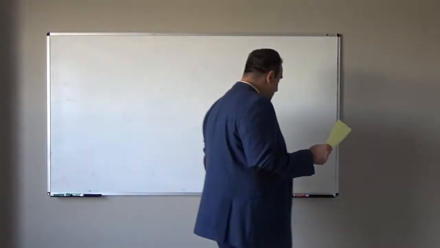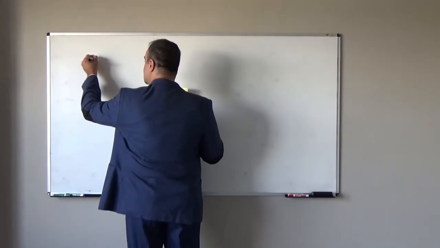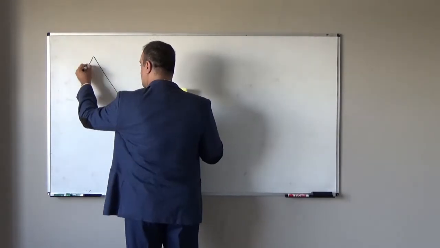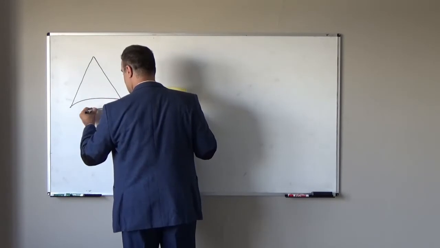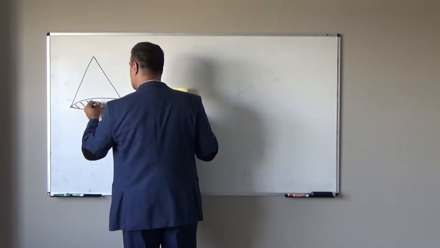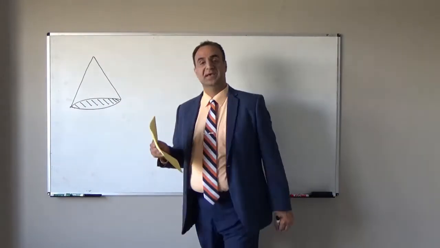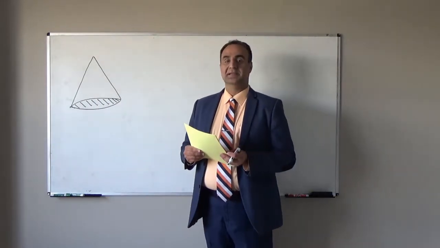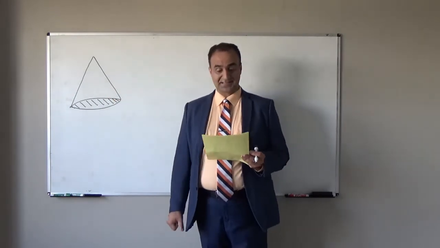Assume we have one cone. We have one object, it is a cone-shaped object. This object is made of linear elastic material. So the material is linear elastic.